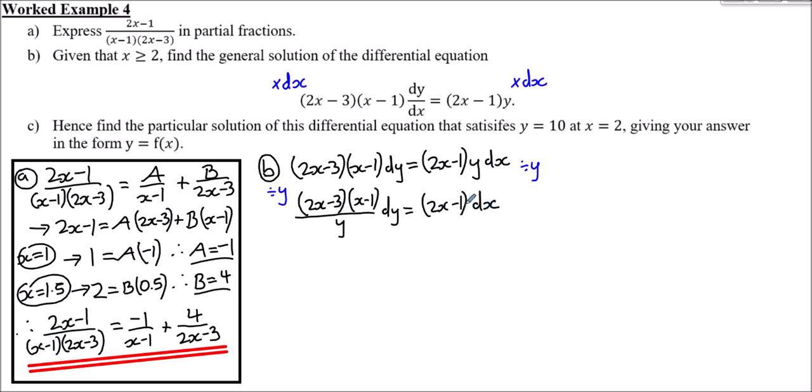So I'm making progress, but I still have x terms over here. So I need to divide by 2x minus 3 and x minus 1 on both sides.